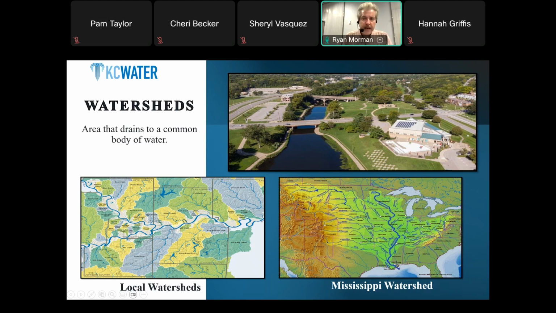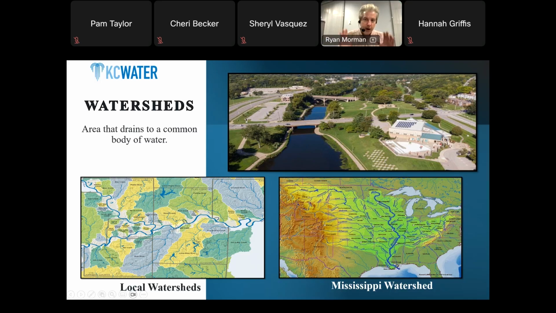And so right now where I am at, I'm in the Blue River watershed where our office building is. And you can see the Blue River will go to the Missouri. But if I go and visit schools up in the Northland, I might be in Shoal Creek watershed. And even though Shoal Creek is much smaller than Blue River, it is sending the water to the Missouri.